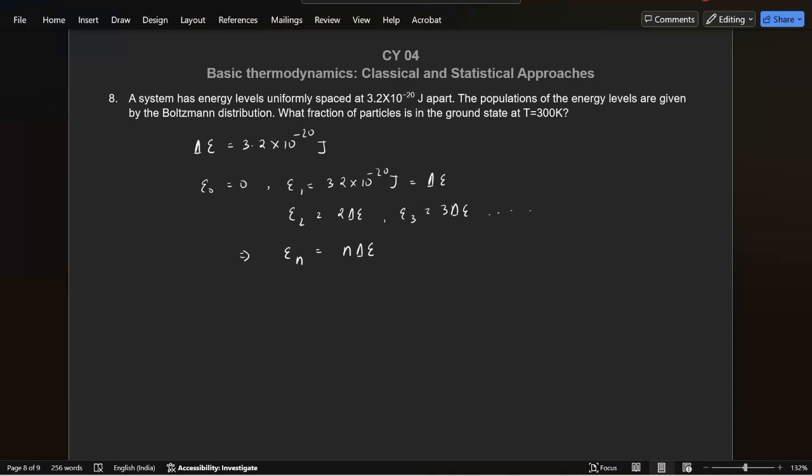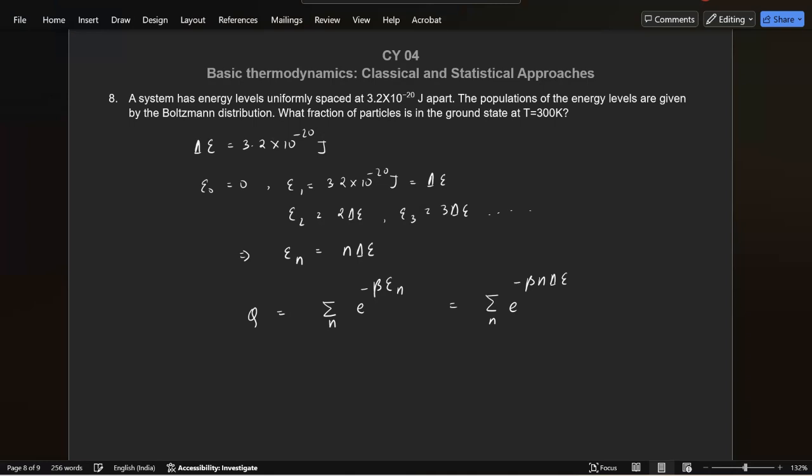So we need to find the partition function for this system. So Q is equal to, again, let's write it out, sigma i e^(-beta Ei). Now what is Ei or En? Maybe I'll write it as n so that it's consistent. This is actually similar to a problem we did 2 weeks back. So sigma n e^(-beta n delta epsilon).